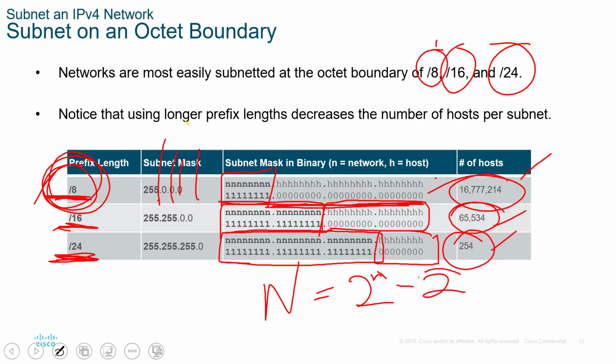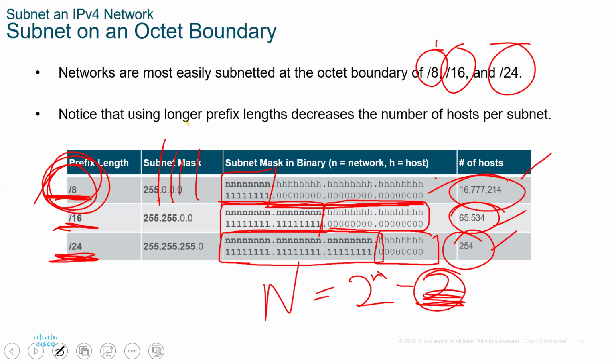This -2 is saying that for every subnet, there is a network address and there is a broadcast address. The network and the broadcast address are not usable IP addresses. You cannot use them for your host. And that's why you need to minus them at the end of the day.